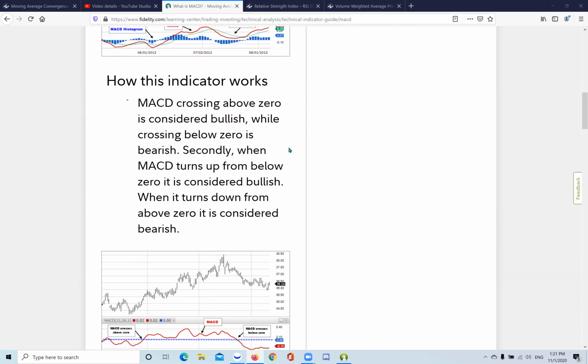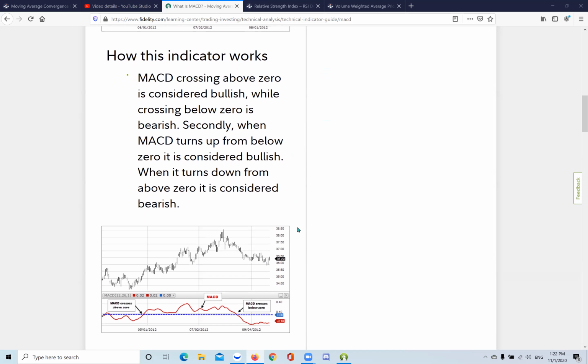MACD crossing above zero is considered bullish, while crossing below zero is bearish. Secondly, when MACD turns up from below zero, it is considered bullish. When it turns down from above zero, it is considered bearish.